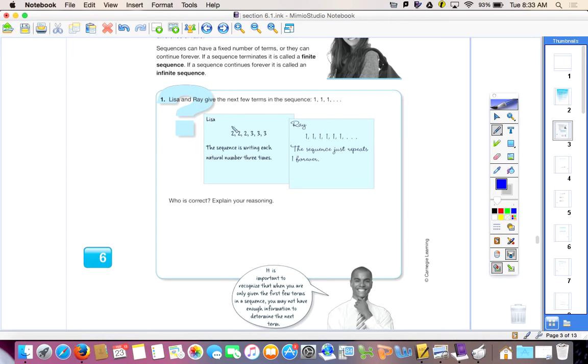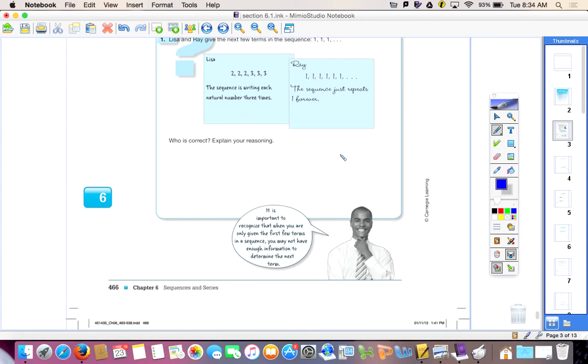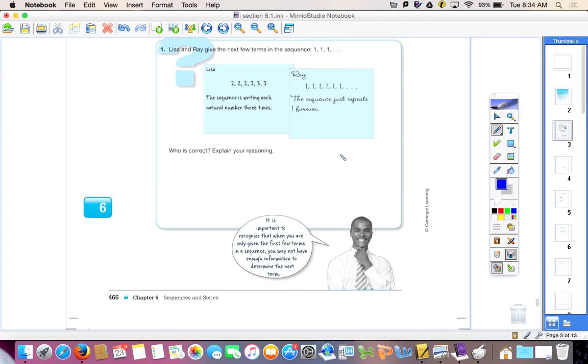So if you look at Lisa and Ray here, the first terms are 1, 1, 1, and we're trying to figure out what comes next. Lisa says the next set of terms would be 2, 2, 2, then 3, 3, 3. And Ray is saying that the sequence would just repeat 1 forever. And so, who is correct? Well, the long and short of this is they both are. Sometimes we are not given enough information with this original set to decide what's actually happening.